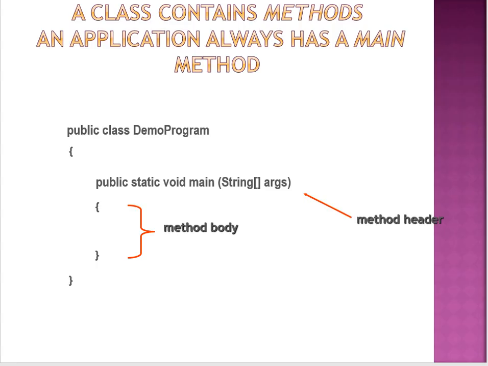Those two opening and closing brackets, that pair, enclose the method body. The code that goes here is enclosed under this main method. This is a structure that you will be able to see.